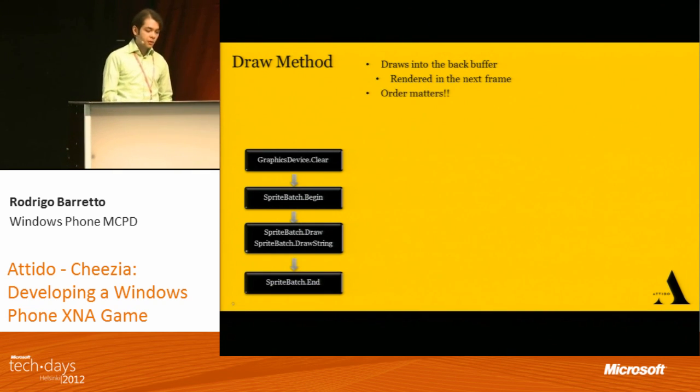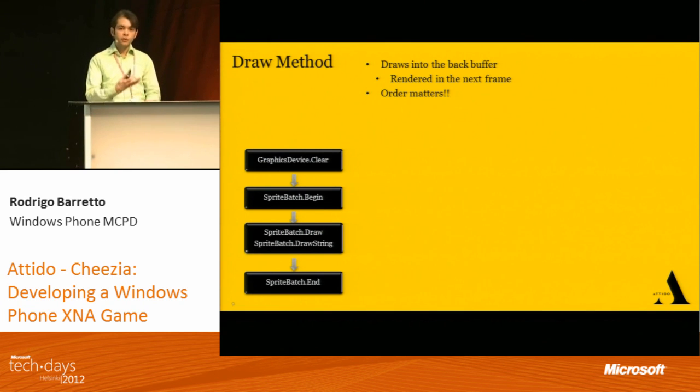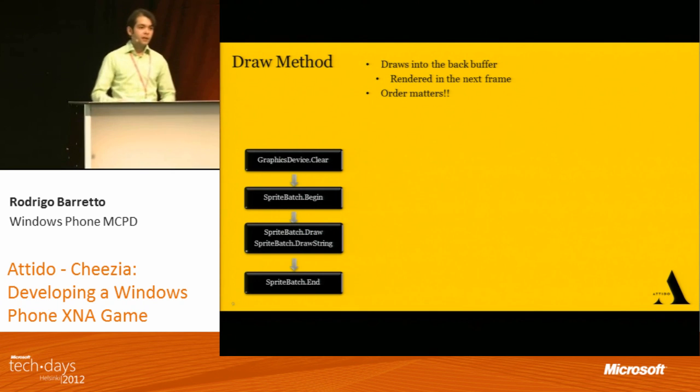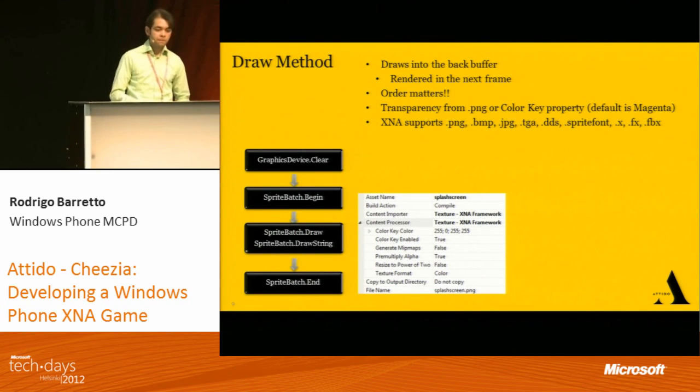And after that, you just call the SpriteBatch End method. And remember that the order matters. When you're drawing, things are drawn on top of each other. So make sure that you're not going to draw something really important first and it's going to be overdrawn by maybe the background, so nobody's going to see that.